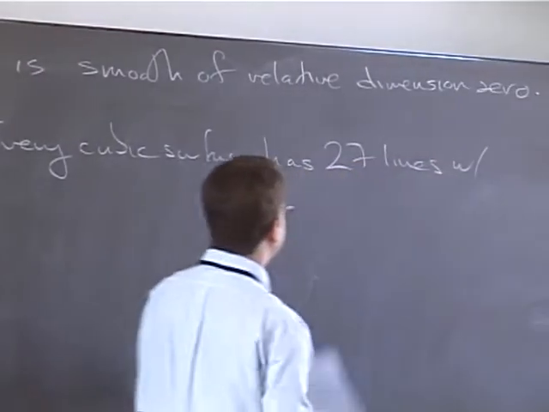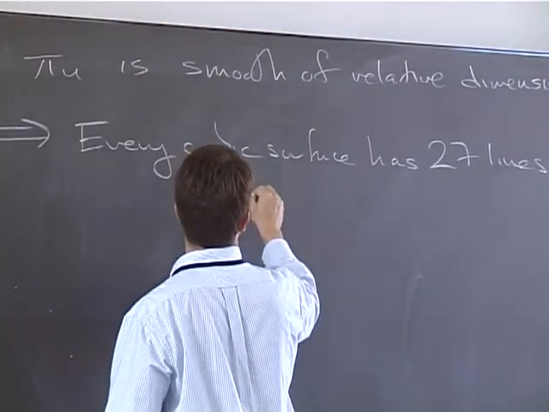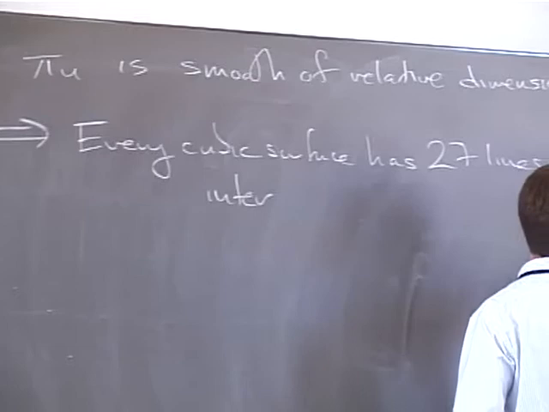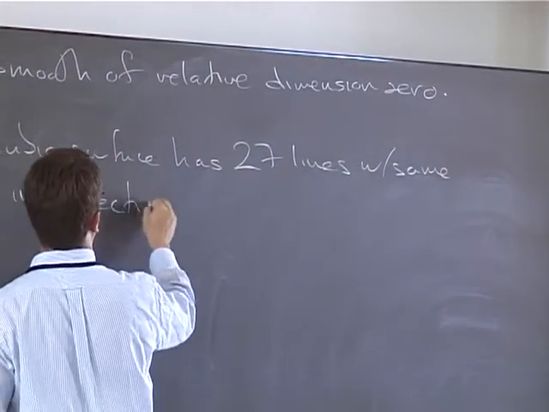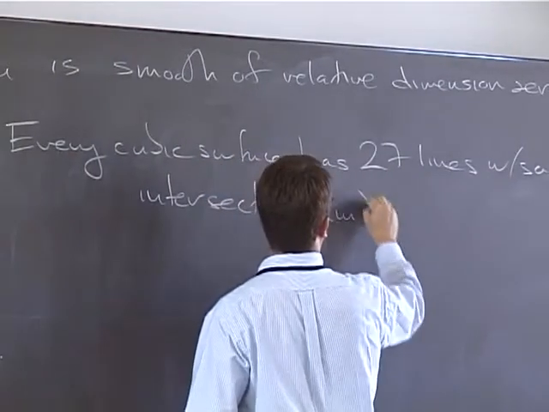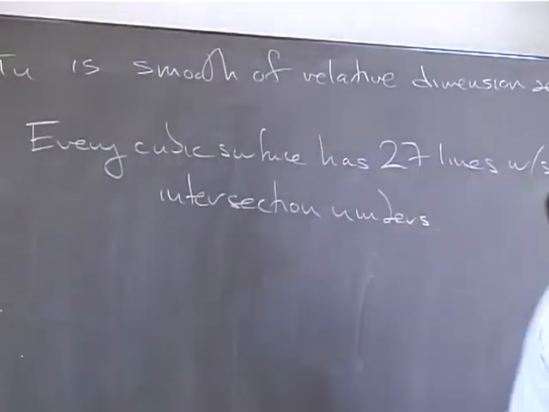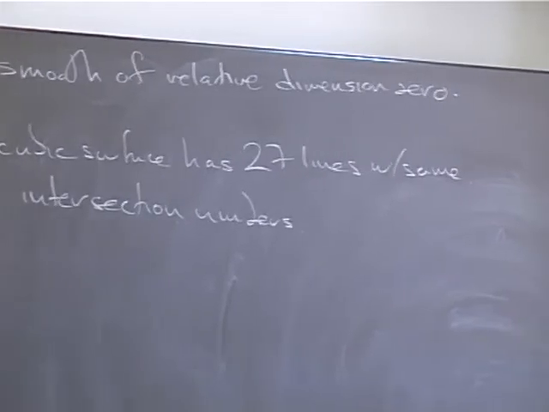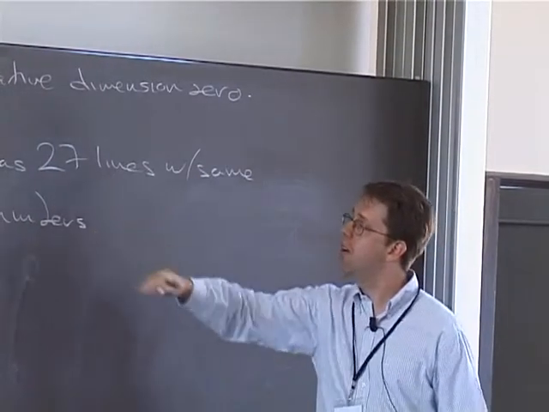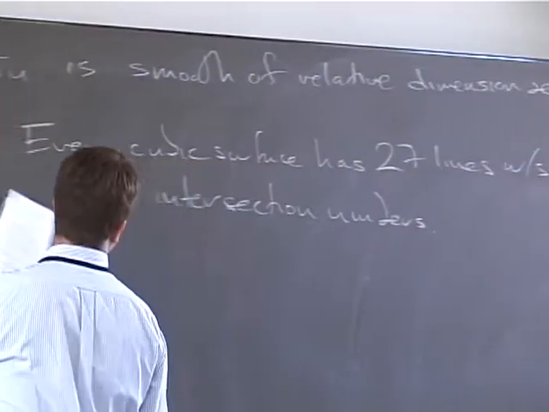With exactly the same intersection numbers, because the intersection numbers don't change in families. U is connected. So we have that every cubic surface has 27 lines.